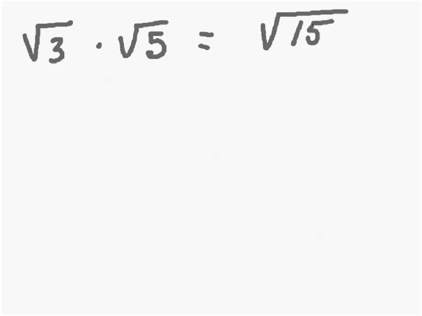Okay. And now we're going to talk about simplifying the square root. There's 3 steps to this one. Step 1, let's talk about all this stuff. I'm going to start with giving you a real problem.